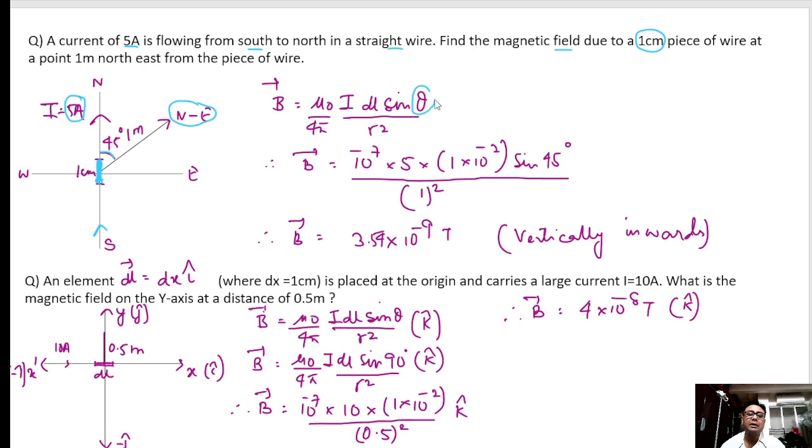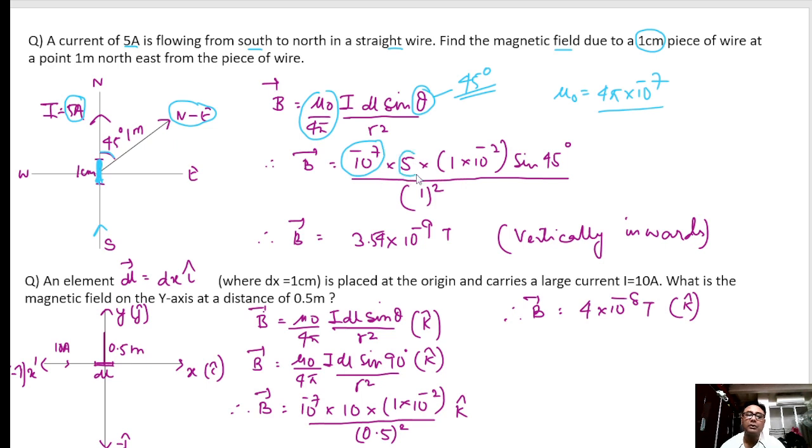Theta is 45 degrees here, the angle made by the displacement vector and the wire. Let us put in the values. Mu0 by 4 pi is 10 to the power minus 7, because mu0 is 4 pi into 10 to the power minus 7.